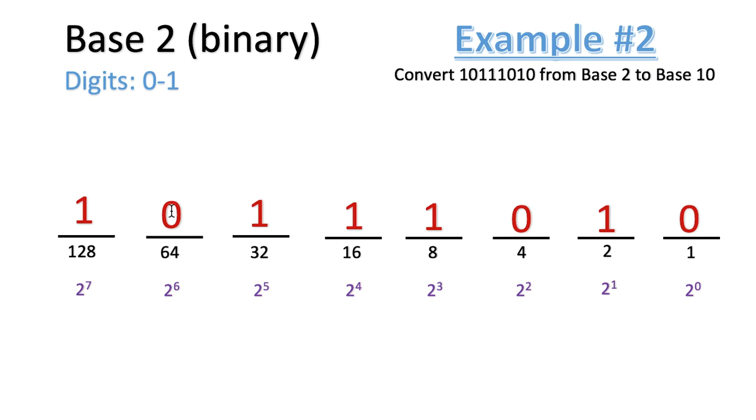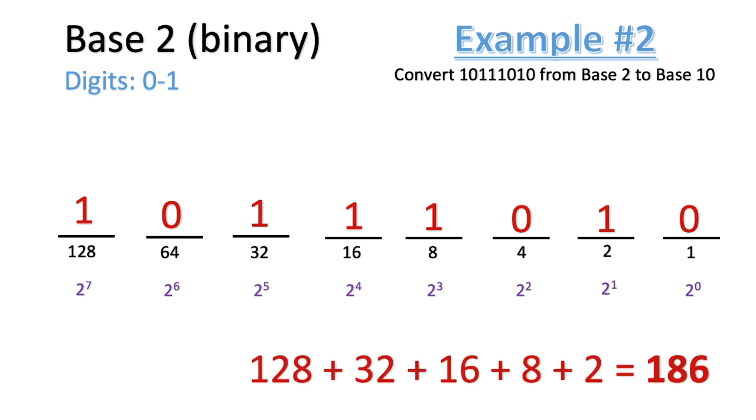We're not using a 64 block. We're using 1 each of 32, 16, 8, and 2. And we're not using the 4 block or the 1 block. So here we're just going to add it up. 128 plus 32 plus 16 plus 8 plus 2. Add those up, you get 186. So this number in base 2 is equivalent to 186 in our decimal system.